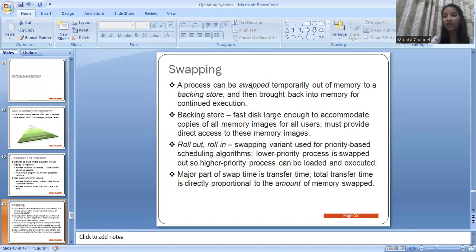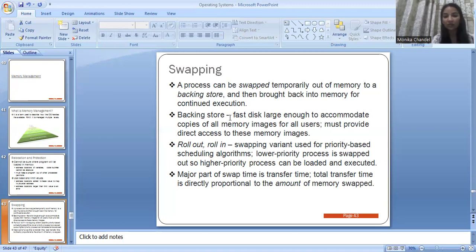After that, when the wait is over, the job wants memory to be stored. So it is the process of swapping, which type of job can be executed, which type of job can wait, and which type of job is dead. So memory allocation is done by swapping.